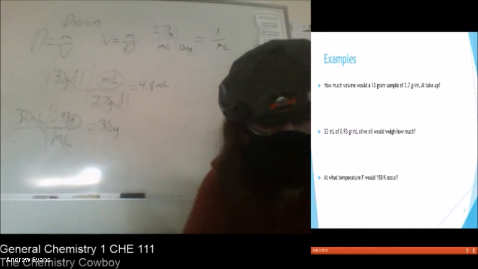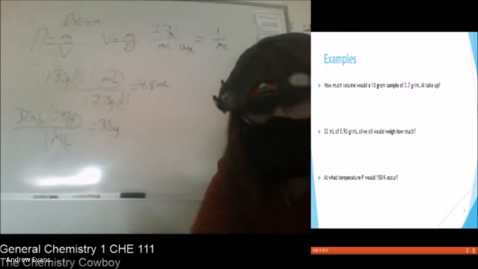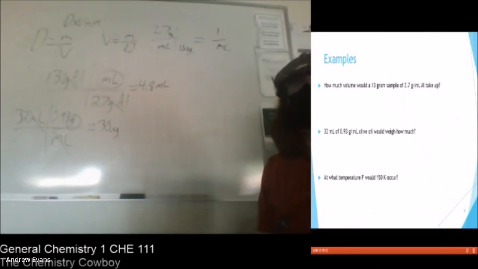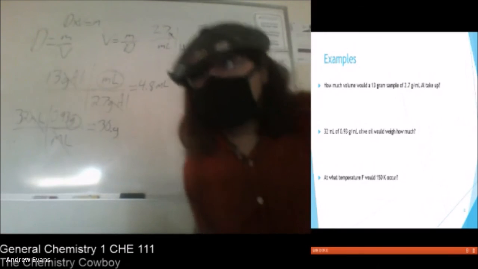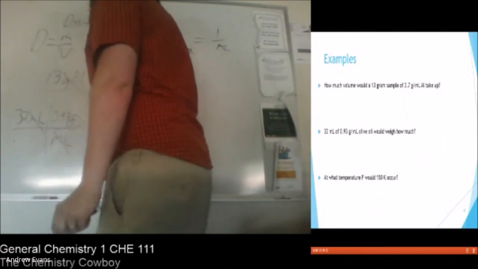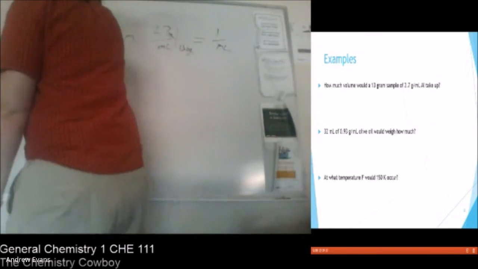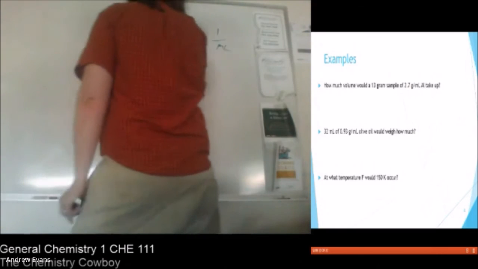Then finally, last one. At what temperature Fahrenheit would 150 Kelvin occur? So this one is a tricky one. You have to do two conversions. I have to turn Kelvin to Celsius and Celsius to Fahrenheit. So Kelvin to Celsius, not as bad.